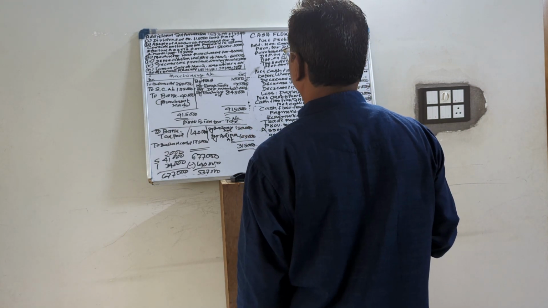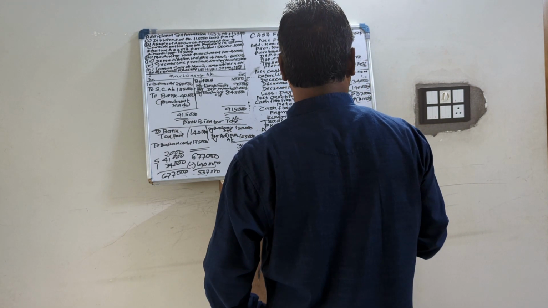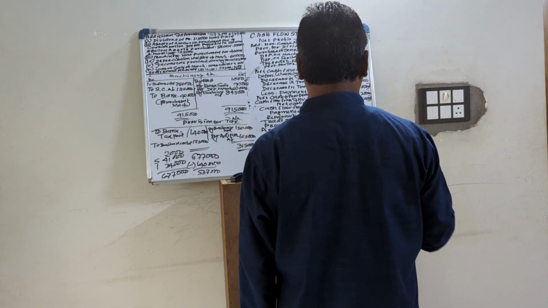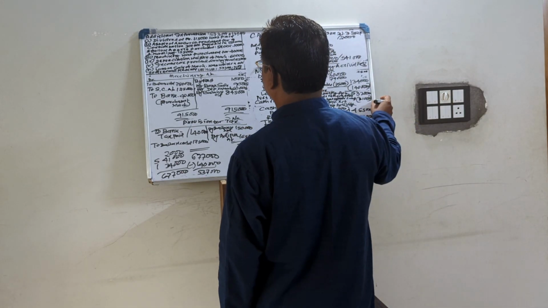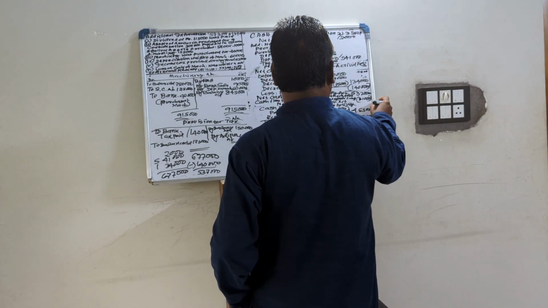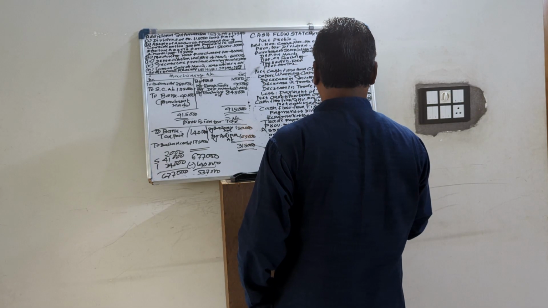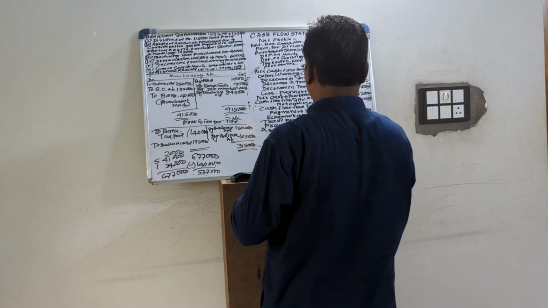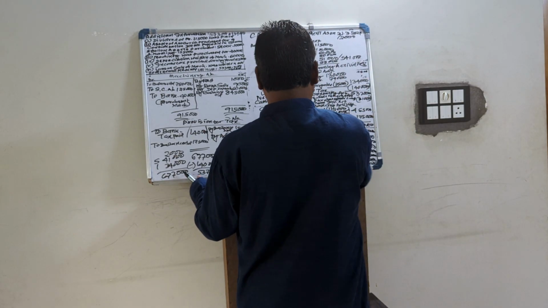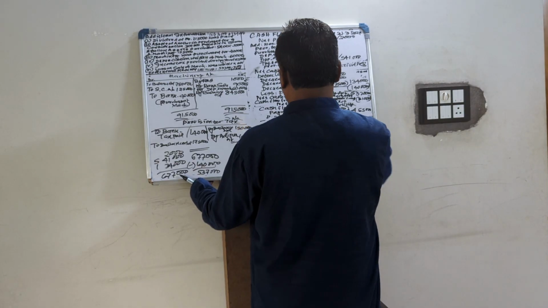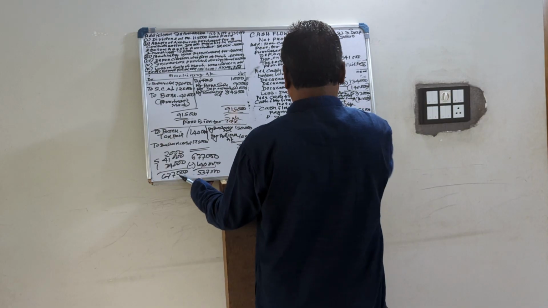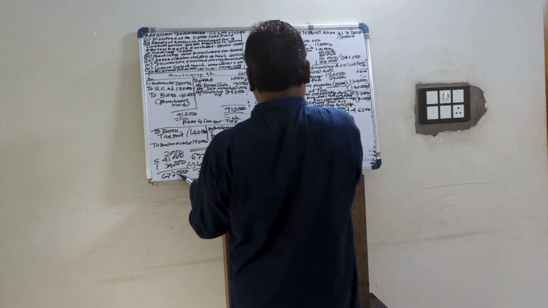It is 3,50,000 plus 5,37,000 minus 31,000, that is 5,06,000. 5,06,000 minus 4,65,000. So this is payment of bank loan.